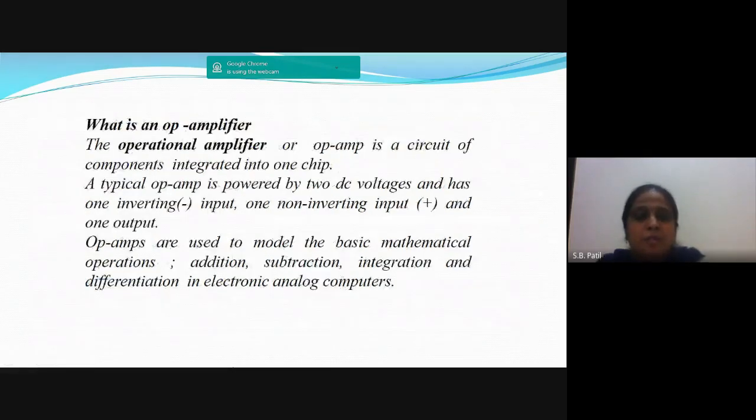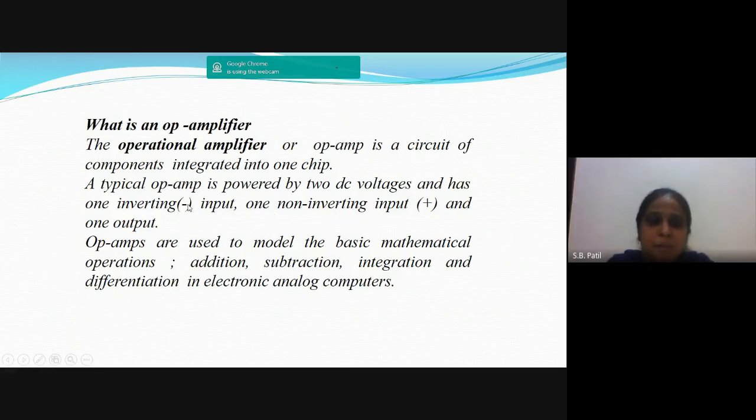Then we have to discuss what an operational amplifier means. An operational amplifier is a circuit of components integrated into one chip. The typical operational amplifier is powered by two DC voltages, which are pin number 7 and pin number 4, and has one inverting input and one non-inverting input.